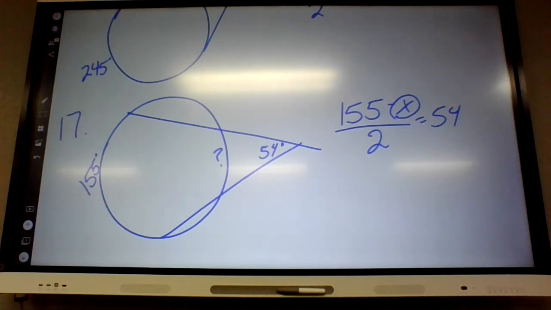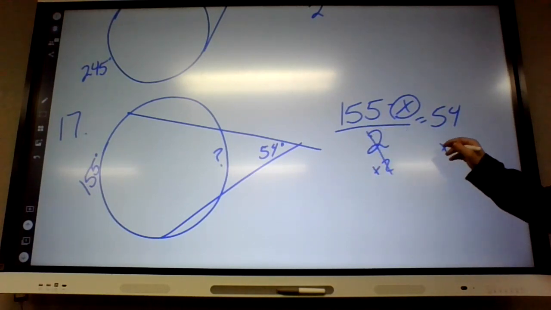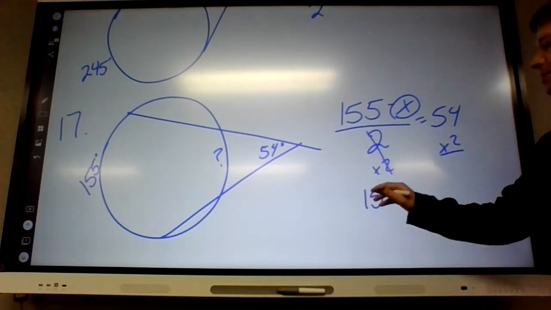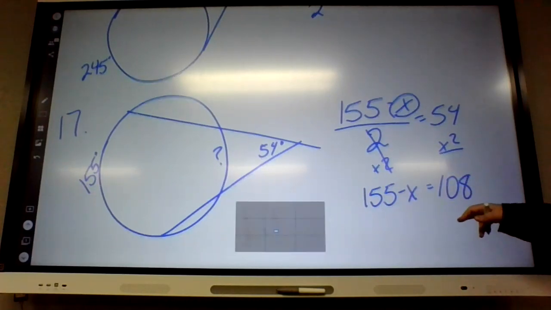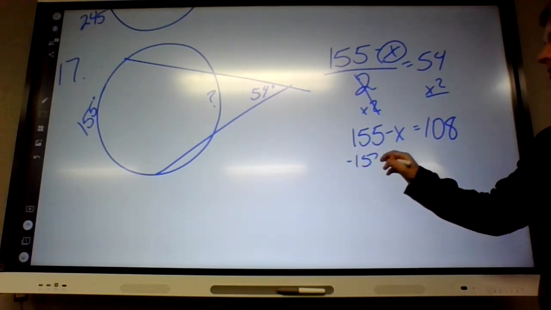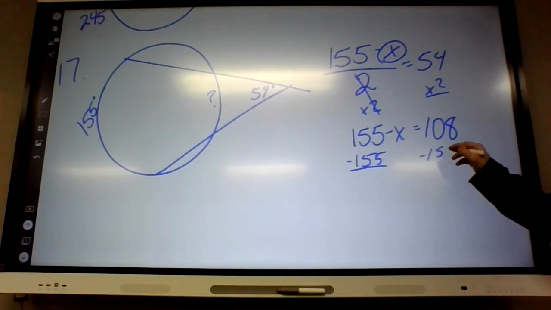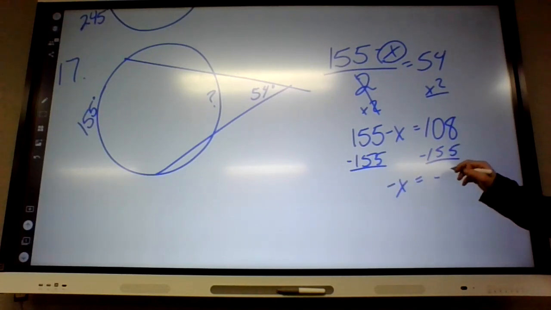And then what do we do to solve this for x? Multiplied by 2. Times 2 gets rid of that guy. And then was that 47?